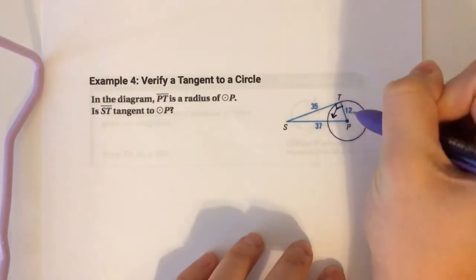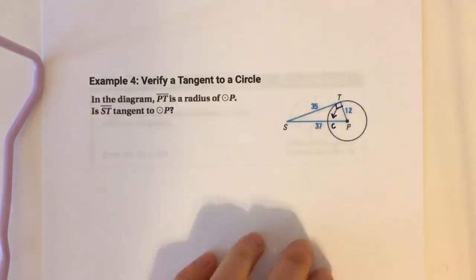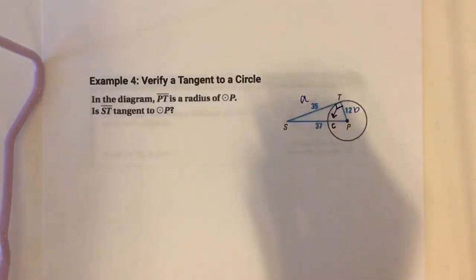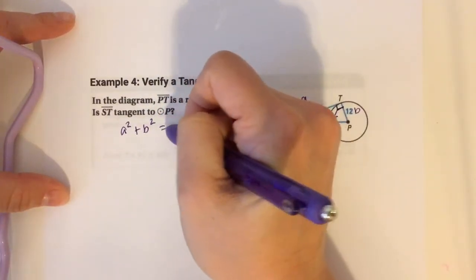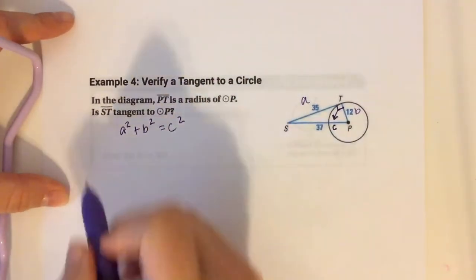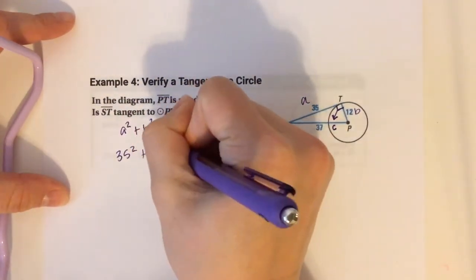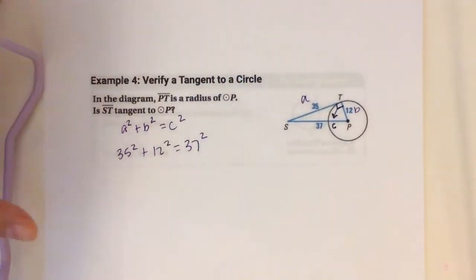Looking at this, we just have to find our A, B, and our C. Well, this 37 is going to be our hypotenuse, so that's going to be our C. And we know the A and the B don't really matter. As a little refresher, our Pythagorean theorem is A squared plus B squared equals C squared. Well, if we said A is 35, we have 35 squared plus 12 squared equals 37 squared. And we just have to see if that's true.